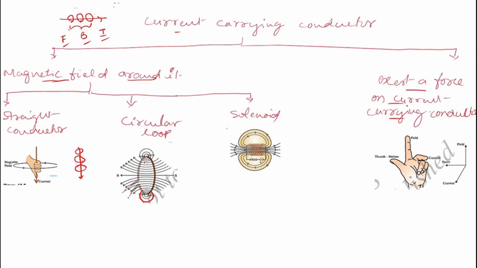And magnetic lines are entering from this side and moving this side. That means here you can see one north pole, one south pole. These ends behave like a magnet.